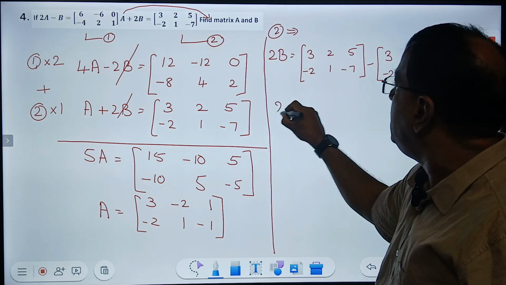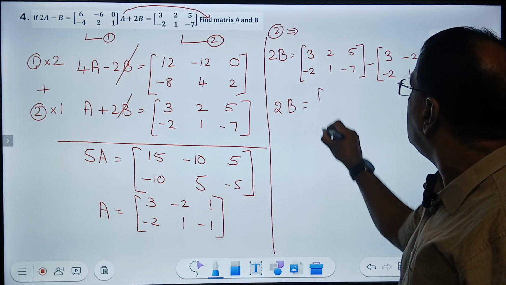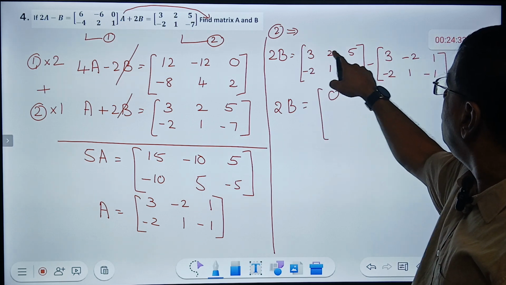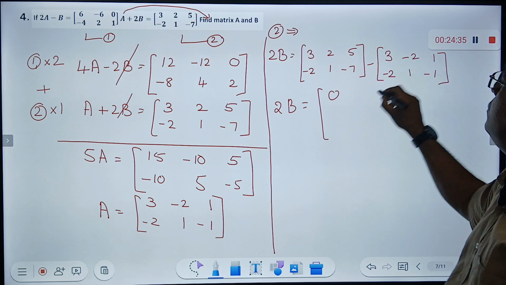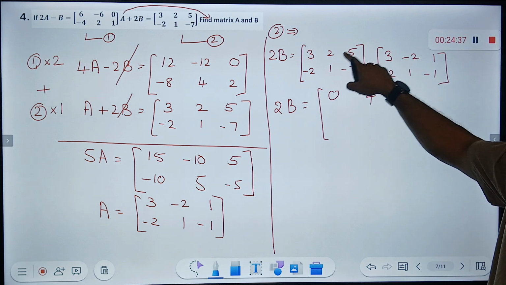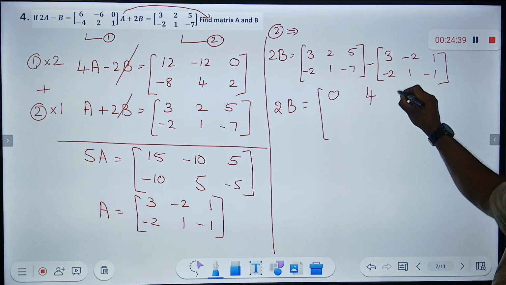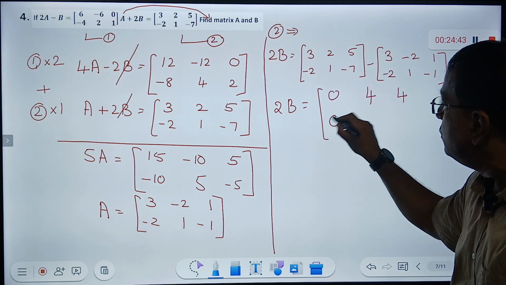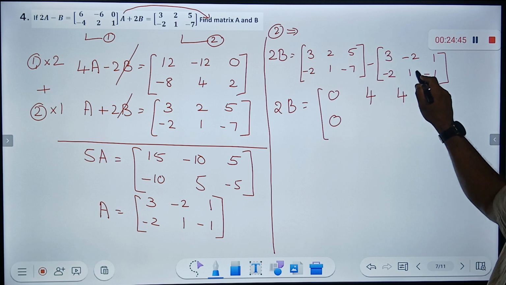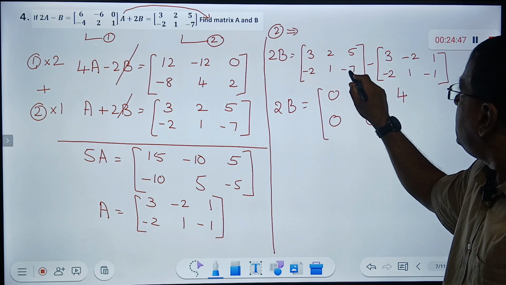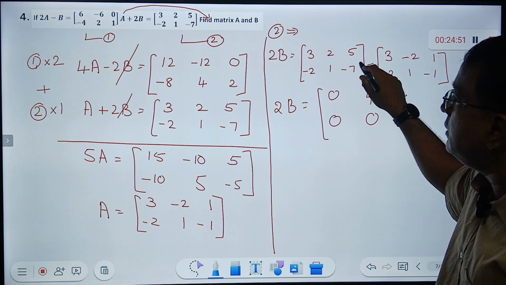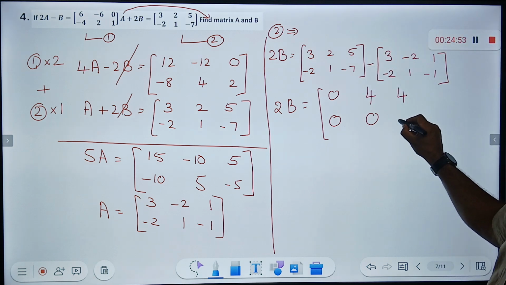So you get 2b equal to, corresponding elements should be subtracted. 3 minus of minus 3, 0. 2 minus of minus 2 is 4. 5 minus of 1 is 4. Minus 2 minus of minus 2 is 0. 1 minus 1 is 0. Minus 7 minus of minus 1, what is that? Minus 6.